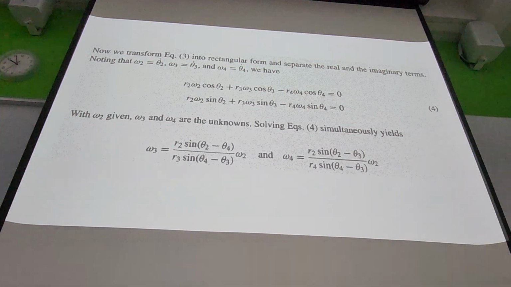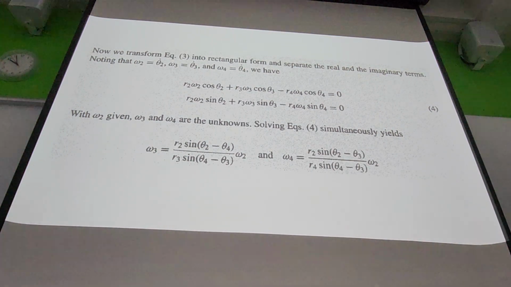Omega 2 means theta 2 dot, the derivative of the angular position of link 2. So theta 2 dot is nothing but omega 2. Similarly, theta 3 dot is omega 3, and theta 4 dot is omega 4.